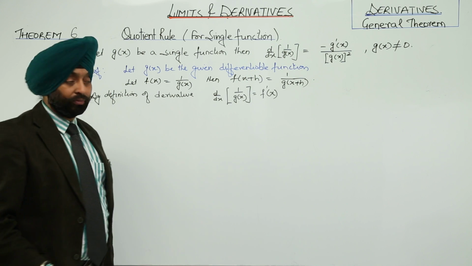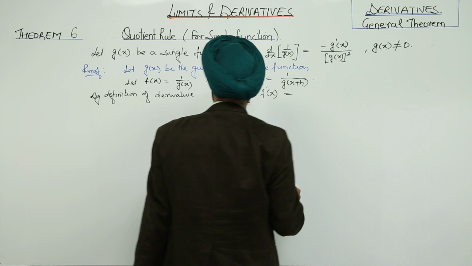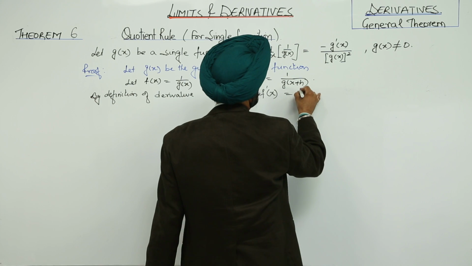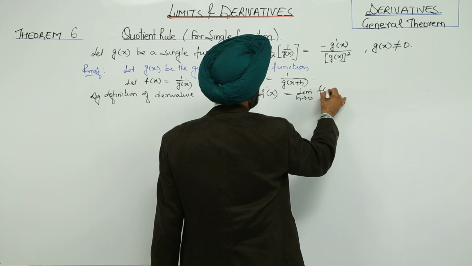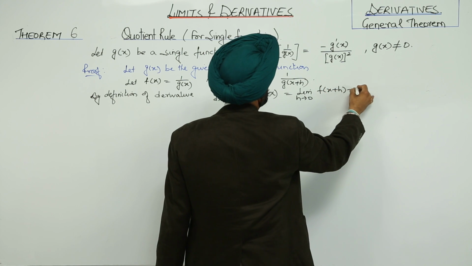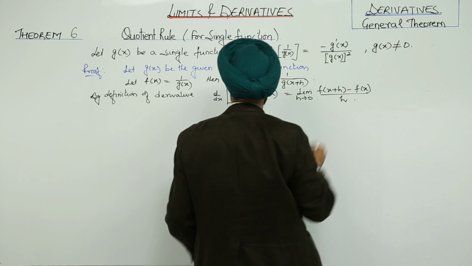We can write it as f'(x), and f'(x) will be equal to the limit as h approaches 0 of (f(x+h) - f(x))/h.